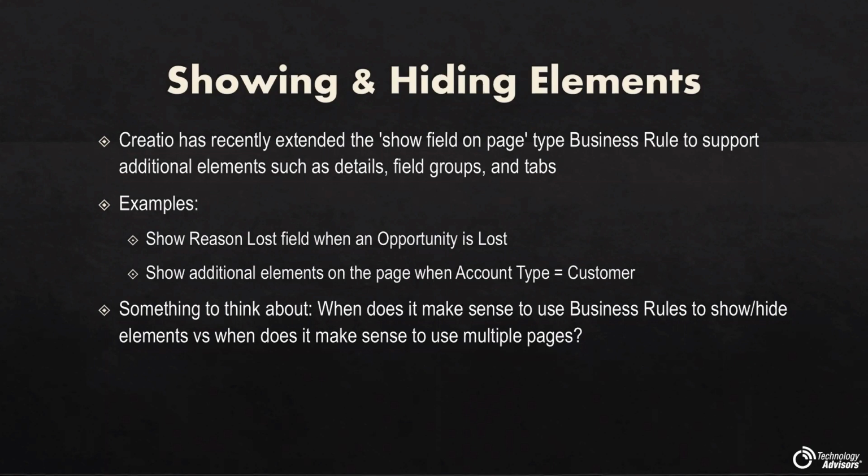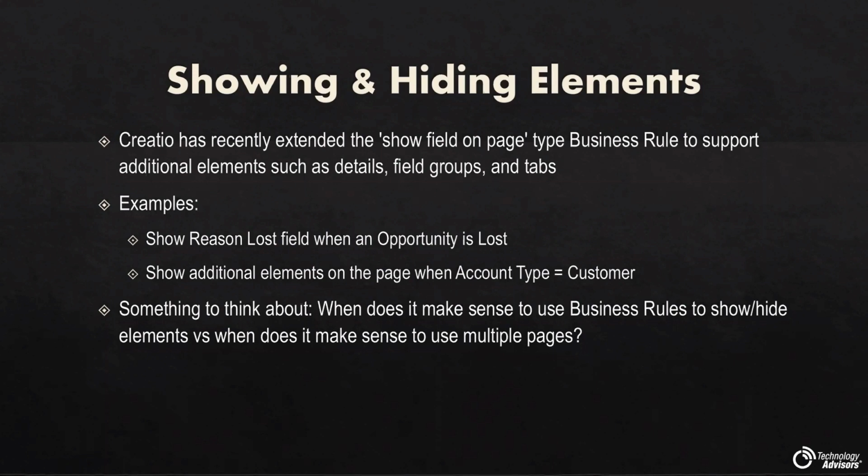The multiple pages functionality does have to rely on a lookup field. So it's not going to support more complex logic. In this example, the logic was pretty simple and would have worked with multiple pages because account type is a lookup field. But if I was doing something more complicated with multiple fields driving that logic, that may sort of rule out using multiple pages depending on the scenario.